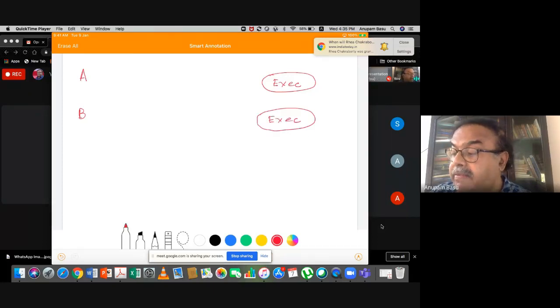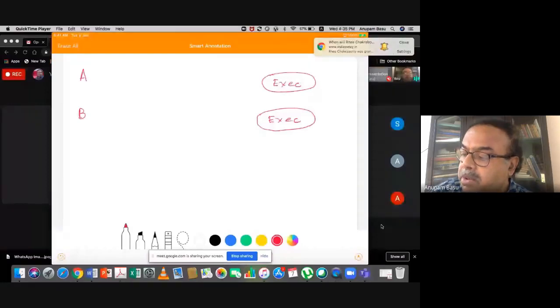Now, how many CPUs do I have? Only one CPU. So, can more than one program run on the same CPU at the same time? No. Therefore, what are they doing? They are time sharing, right?